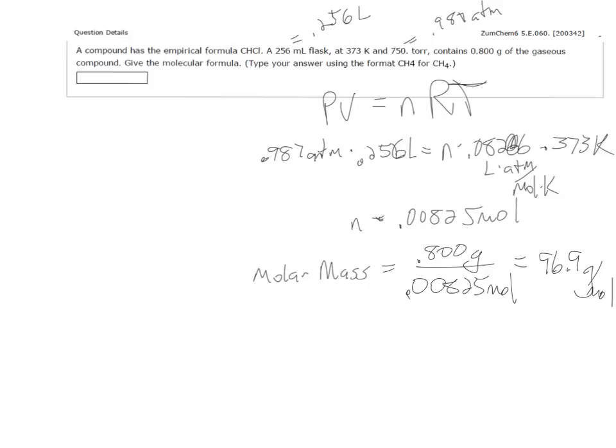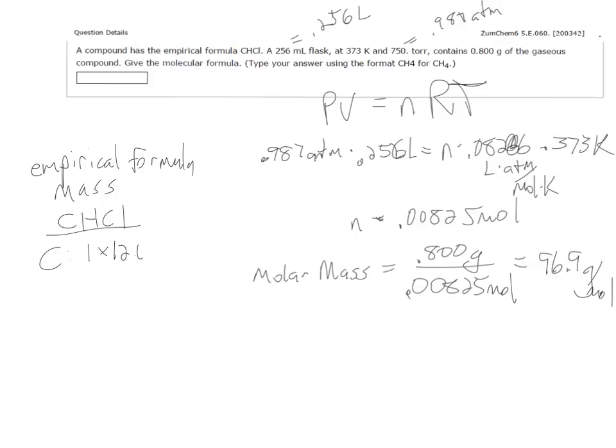Now, we've got the molar mass, and we were given an empirical formula. Well, we can use the empirical formula to get the empirical formula mass. In CHCl, we have one atom of each type.